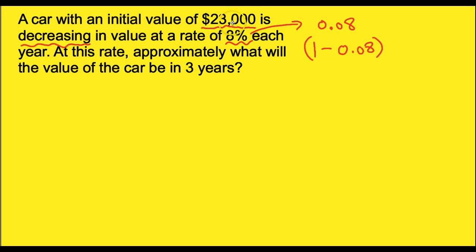The initial value is 23,000, and at this rate, approximately what will be the value of the car in 3 years? On the test, most likely I would tell you to set up an equation, because you have to. And then most likely I would tell you to give the answer.